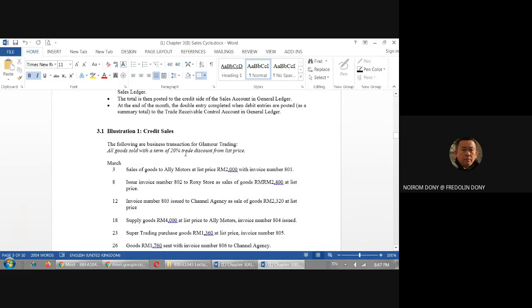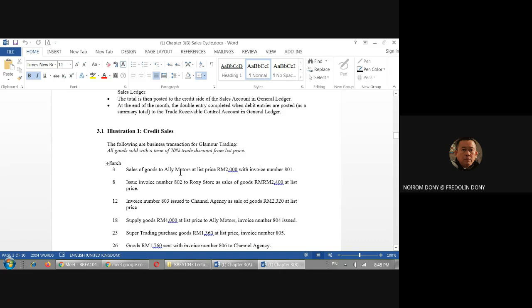So sales of goods to Ali Moto at the list price 2,000 with invoice number 801. There is no specification what the item being sold to Ali Moto is. So we can assume this is a trading item.